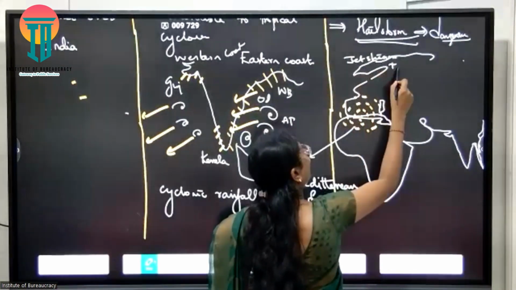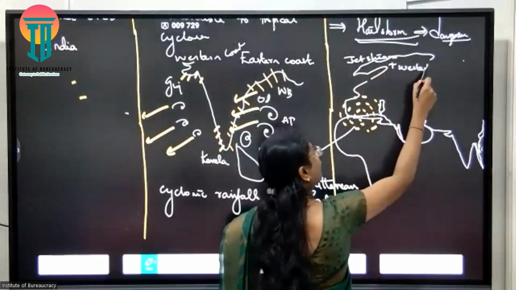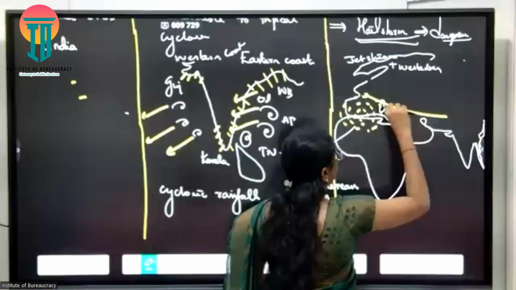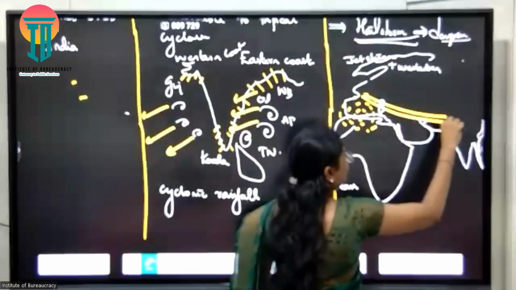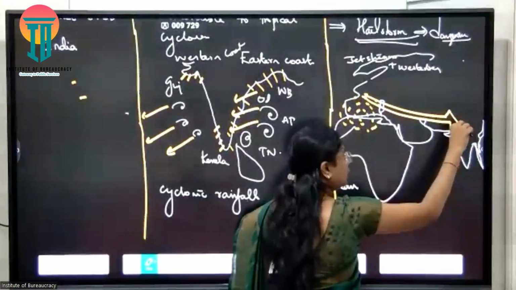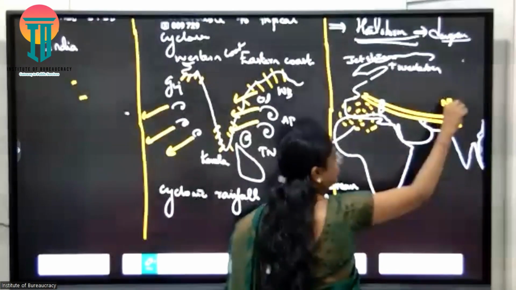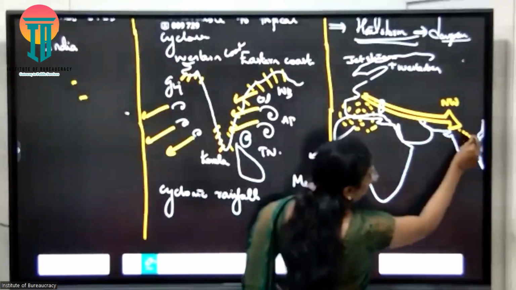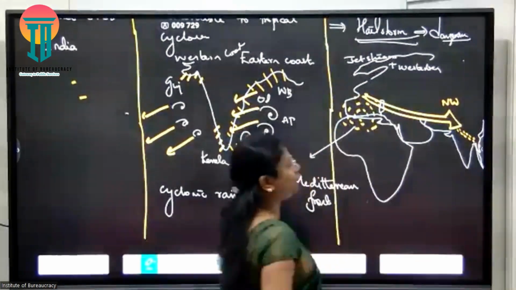Jet streams along with the westerlies. What would happen? They will bring these cyclonic remnants and it enters India in the northwestern part of India, Rajasthan, Punjab, Haryana plain, and it will continue along the Gangetic plains of India.